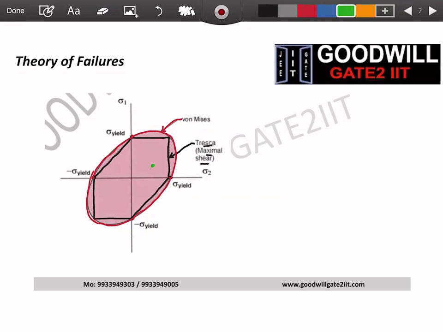So both will come and say you are good, design it, no problem. Perfect. Tell me if you are here. What do you expect both theories are telling you? Both are predicting failure. So both are saying if you design this body, you are going to fail 100%.